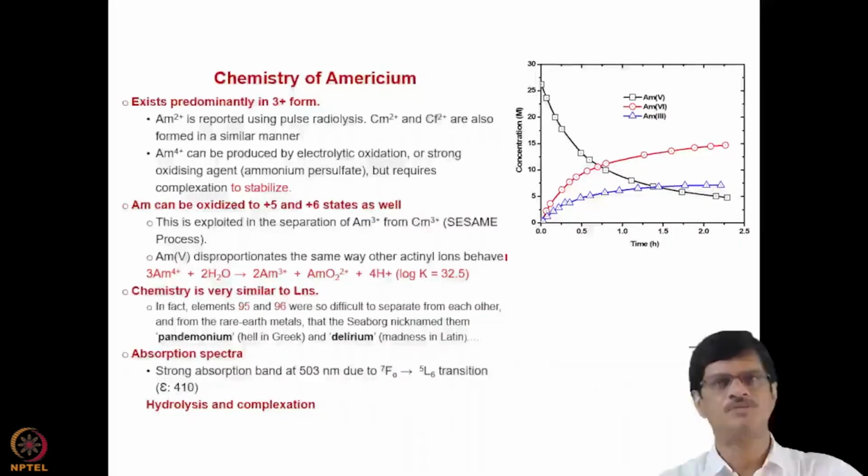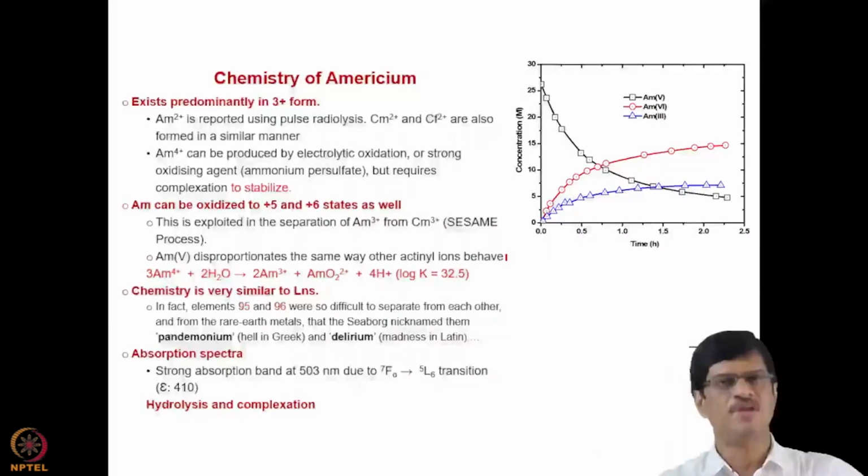This oxidation of americium to the plus 6 oxidation state is exploited for the separation of americium from curium in a process called the SESAME process, which will be discussed in a subsequent lecture.